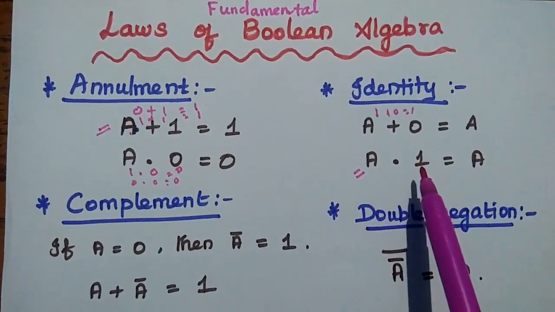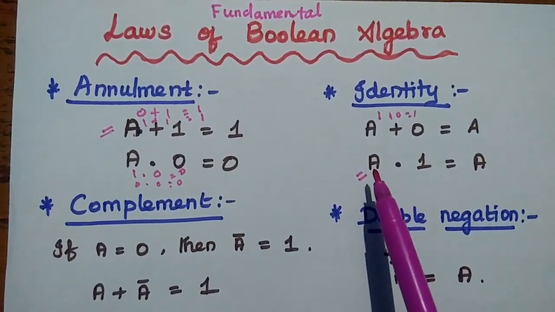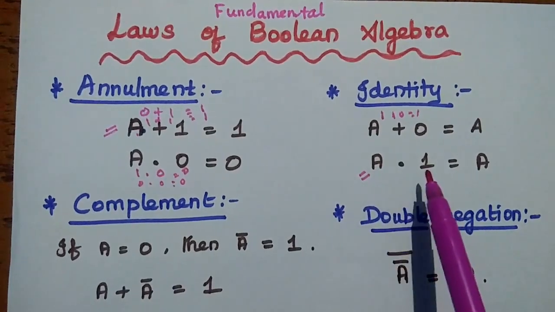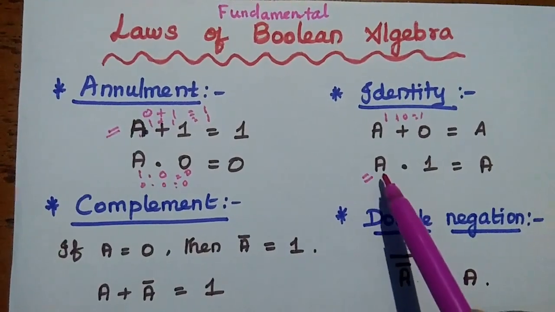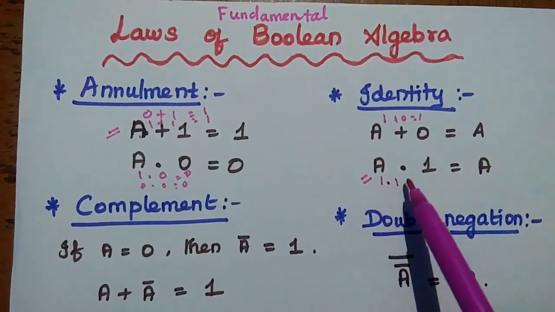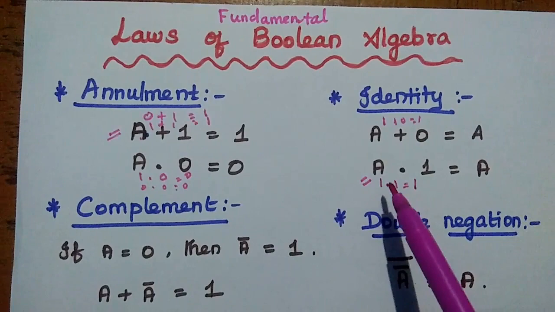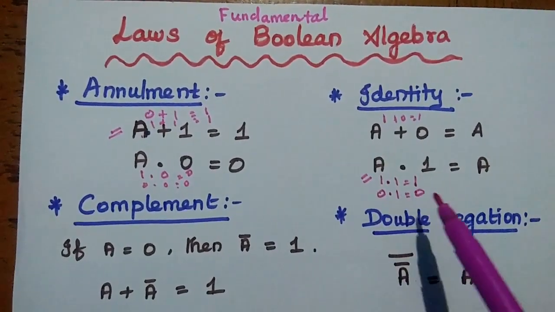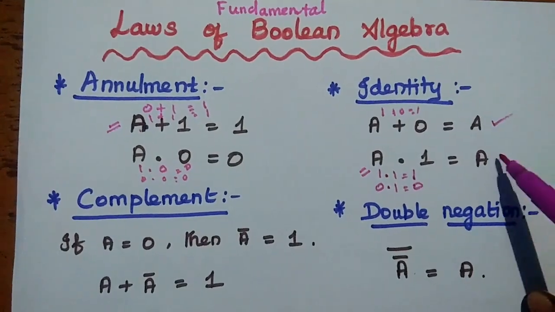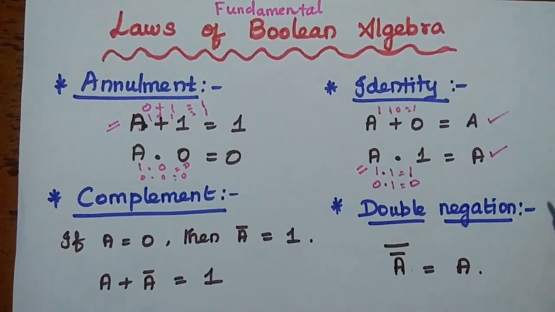Here in multiplication, any value of A multiplied with 1 is the same value as such. For example, if A is equal to 1, 1 dot 1 is equal to 1. A is equal to 0 means 0 dot 1 is equal to 0. Okay. So these two are the identity laws.